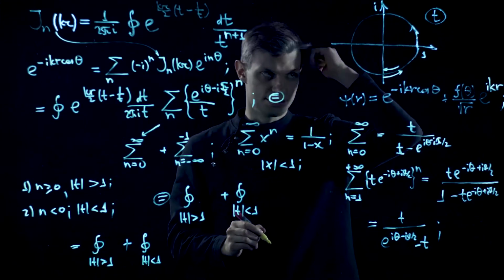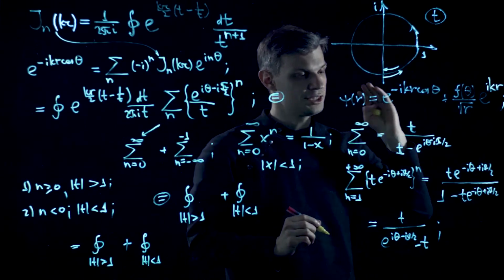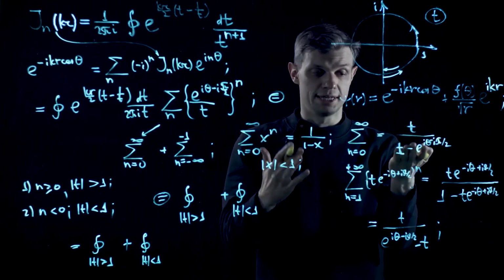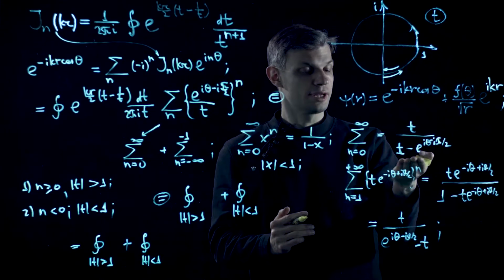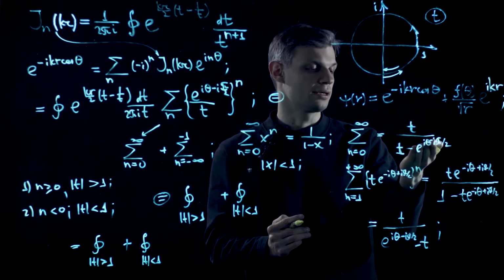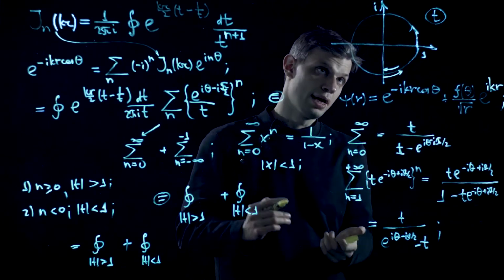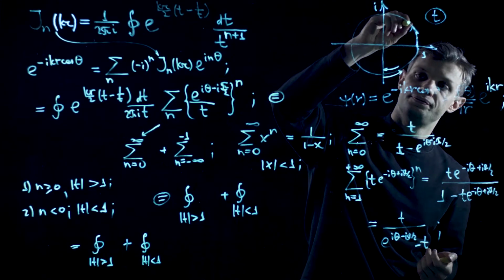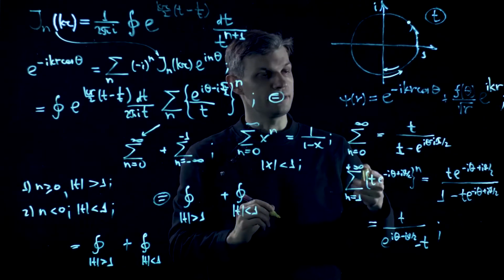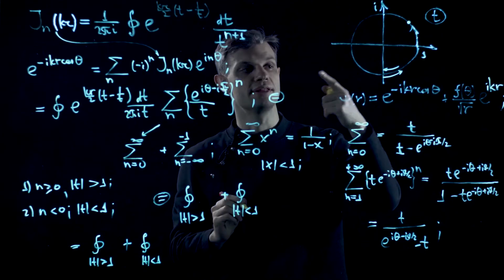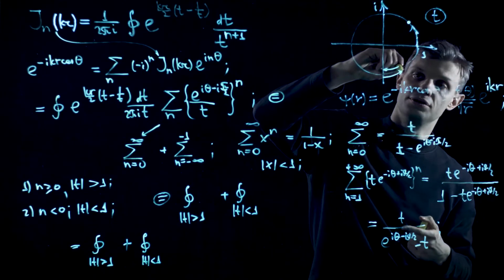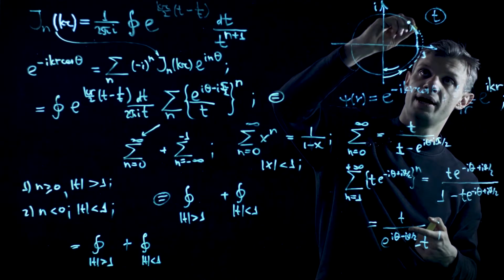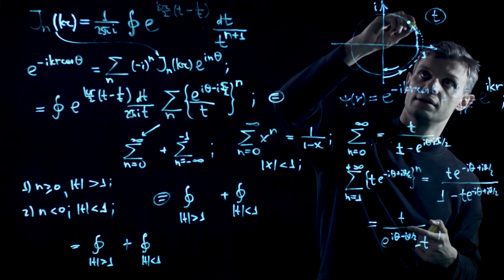Now let's pay attention to the structure of our integrand after we summed it up. Obviously it has a simple pole at the point e to I theta minus I pi by 2, which is some point on the unit circle. And now we see what the crucial difference between these two contours is. The first contour goes slightly above this pole.